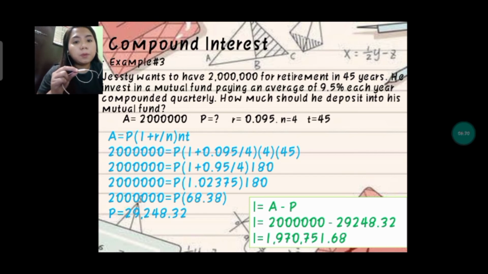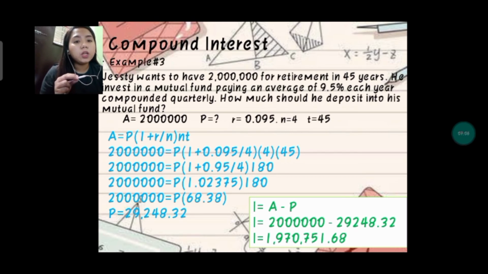To get the principal amount, we divide both sides by 68.38, so 2 million divided by 68.38 is equal to 29,248.32. To get the compound interest, we use I = A minus P. As you observe, in simple interest, to get the maturity amount we add the principal amount and the interest amount.